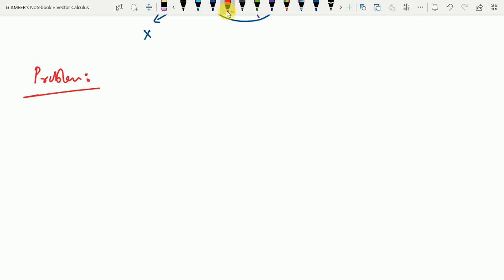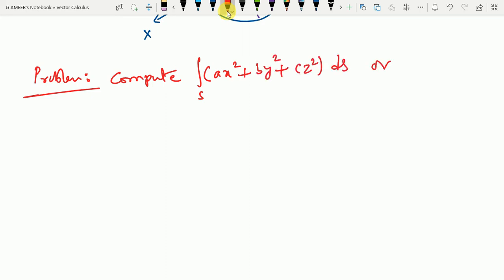Compute the surface integration of ax square plus by square plus cz square ds over the sphere x square plus y square plus z square is equal to 1.